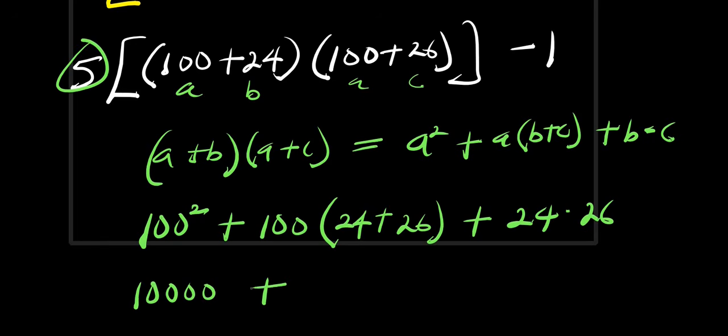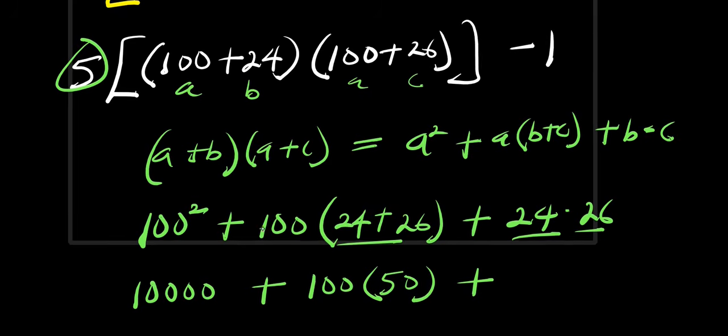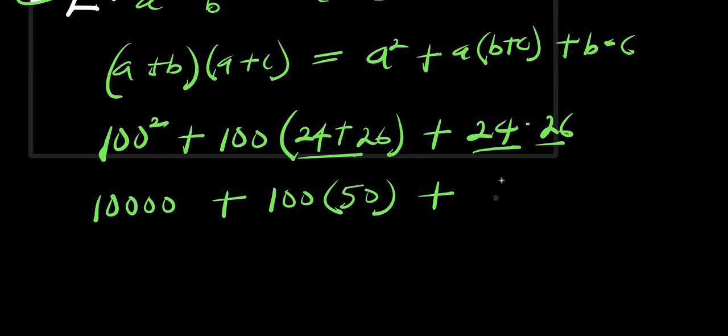Then plus 100 times 24 plus 26, this is 50. Then we have plus 24 times 26. If you multiply this out, this will give you 624. You can multiply this out on your own if you don't know how to do it. So this will give us 624.